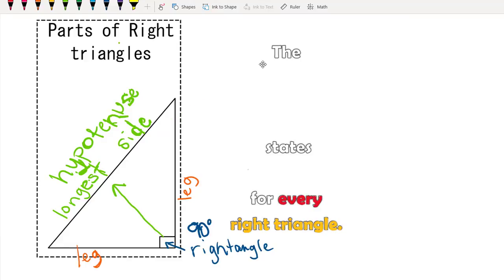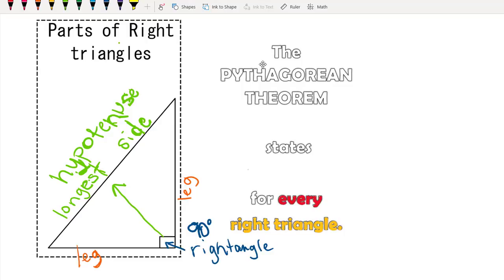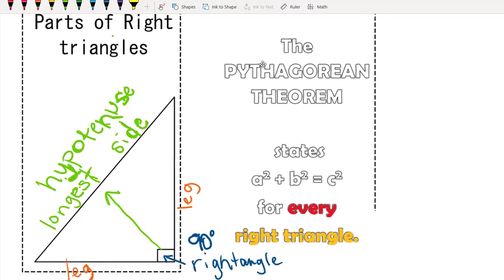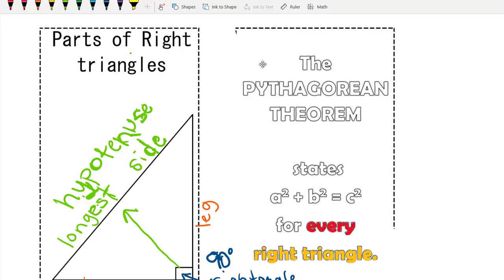What you have just discovered is the Pythagorean Theorem. And the Pythagorean Theorem states that a squared plus b squared equals c squared for every right triangle. Okay, now what's A, what's B, and what's C?